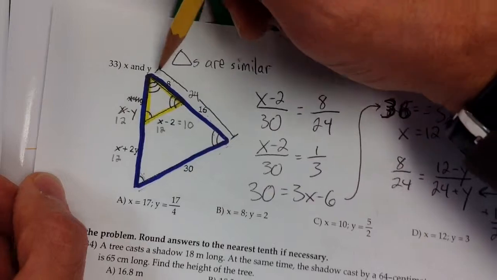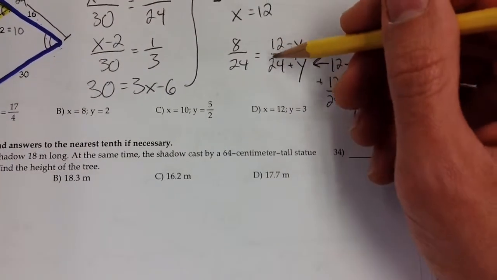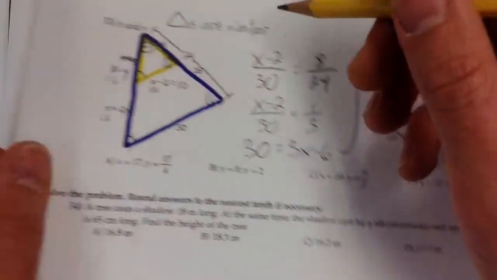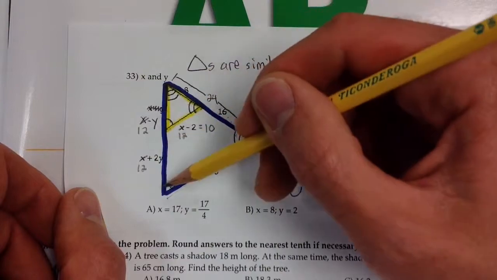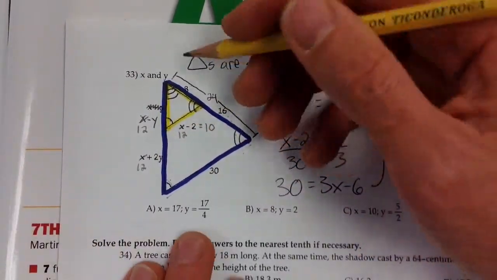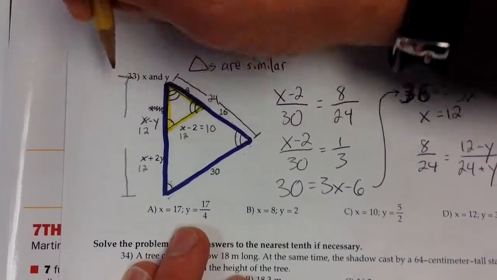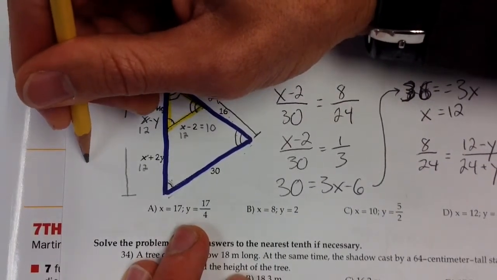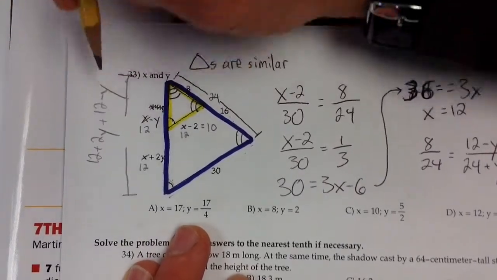We did yellow right side is to blue right side, so 8 is to 24, as yellow left side, 12 minus y, is to blue left side, and you have to add these two. So you would get 12 plus 2y plus 12 minus y.